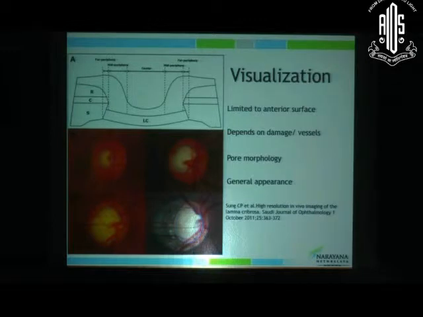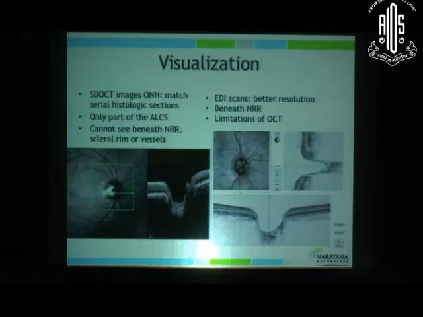So what we're looking at initially is usually limited to the anterior surface. Obviously, you can't go further back, and even with many of the spectral domain OCTs, you can only image the anterior lamina cribrosa surface. You can't go further back behind that. The spectral domain OCT images have been found to match histological sections, but again, as I mentioned earlier, only part of the anterior lamina cribrosa surface is available, and you obviously can't see beyond the neural rim, or the scleral rim, or the vessels.